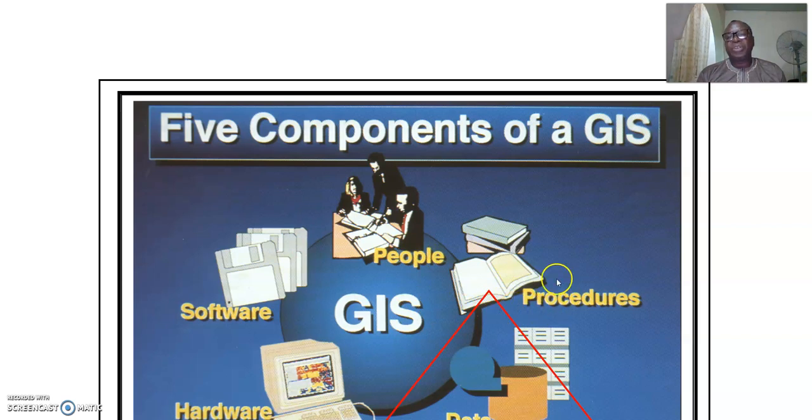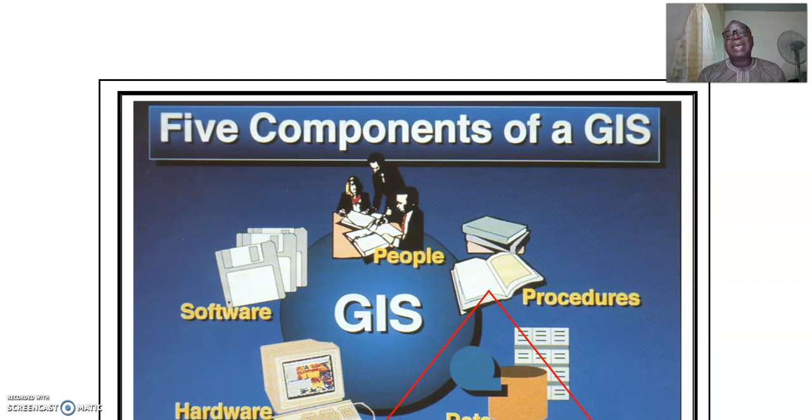We also have procedure, which are the techniques and methods conventionally used to solve problems, and then we try to upscale the procedure for solving those problems in the GIS environment. We have the hardware, which covers computer systems and some of the peripherals, like the printer, the plotter, even GPS.